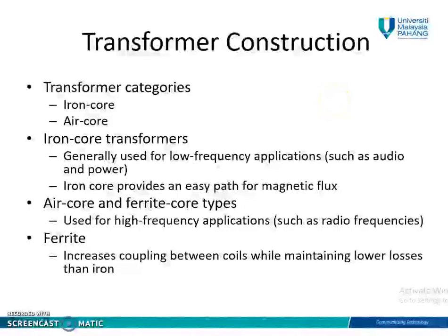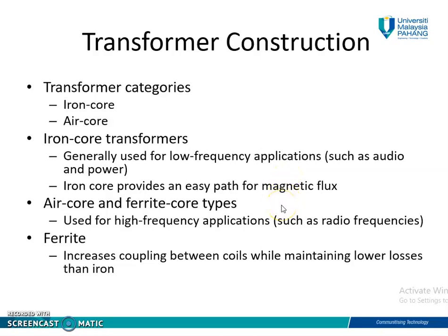Next, we move to transformer construction. Transformers can be categorized into two types: the iron core transformer and the air core transformer. Iron core transformers are generally used for low frequency applications such as audio and power. The iron core provides an easy path for magnetic flux, because the flux is flowing through the core.